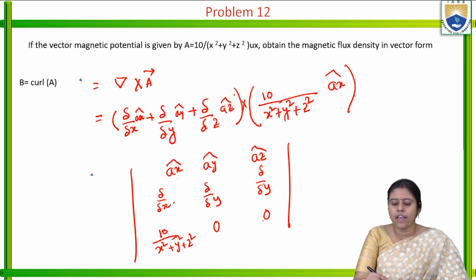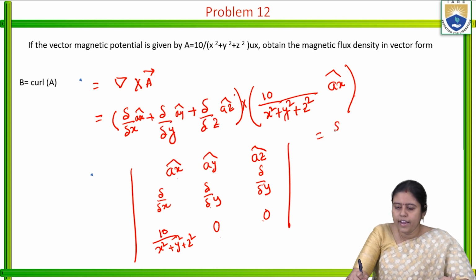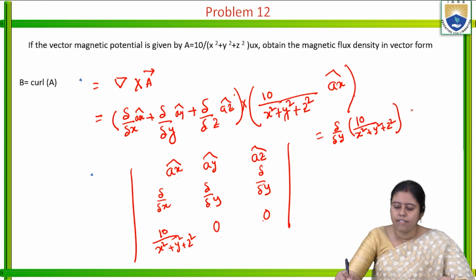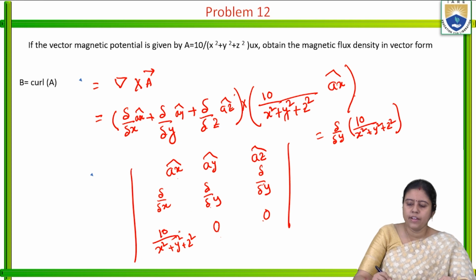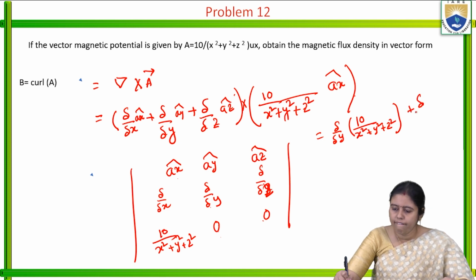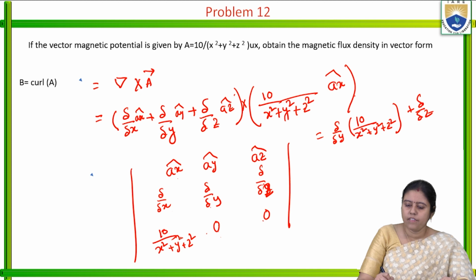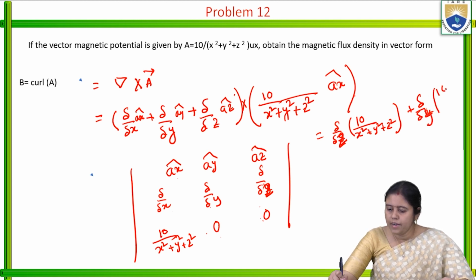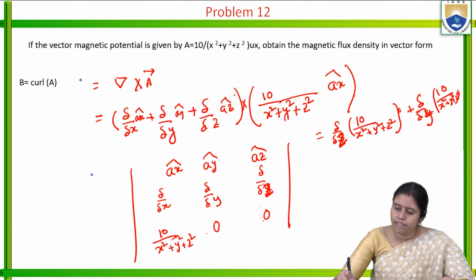When we are calculating ay, the value is del by del z, and minus of del by del y of 10 by x square plus y square plus z square, and az.